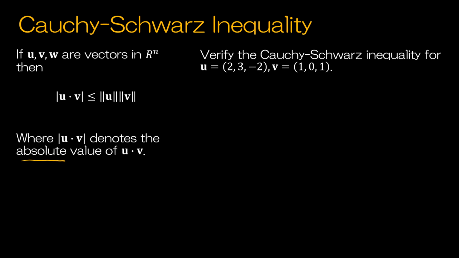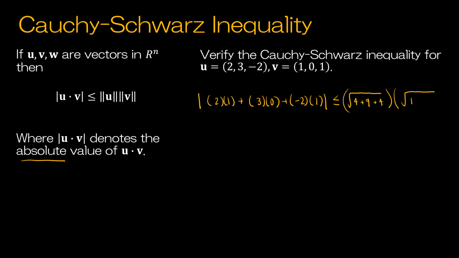So u dot v, so this is the absolute value of 2 times 1 plus 3 times 0 plus negative 2 times 1 has to be less than or equal to the norm of u, so that's the square root of 2 squared plus 3 squared plus negative 2 squared, times the norm of v, which would be the square root of 1 squared plus 0 squared plus 1 squared.